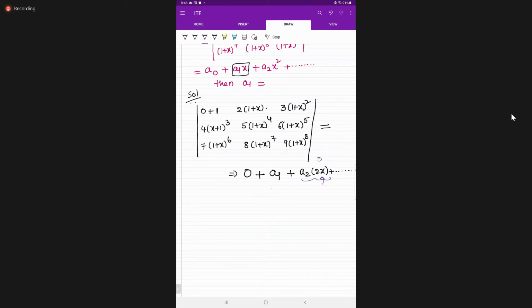Now tell me, students, put x equal to 0. Tell me what I write here: 1, 2, 3, 4, 5, 6, 7, 8, 9, which is equal to 0.